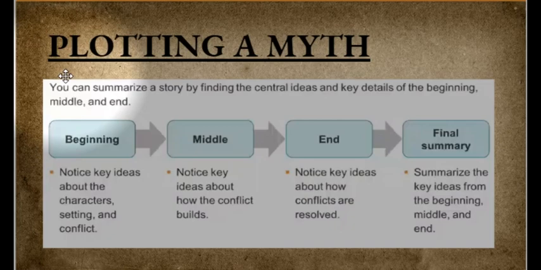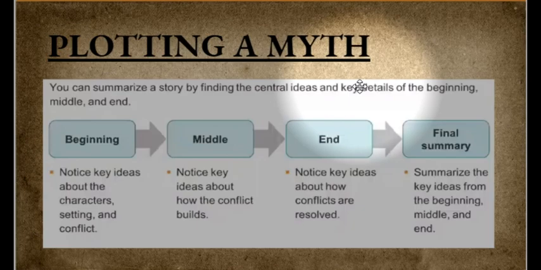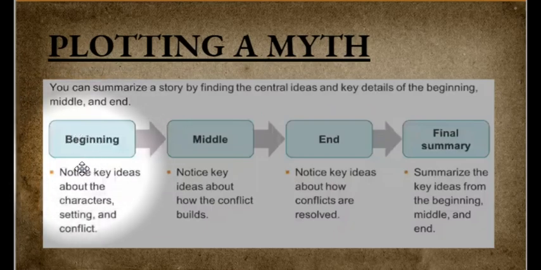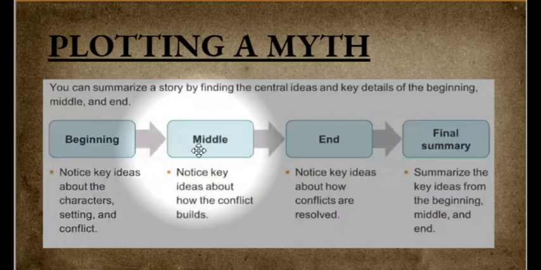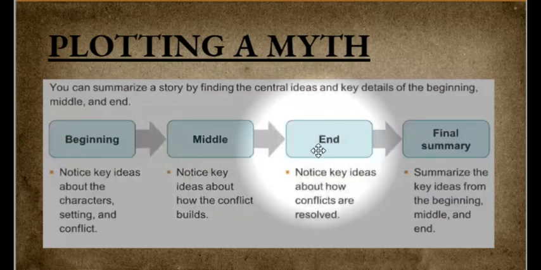So, plotting a myth. When you're summarizing a story, you need to find the central ideas and key details in the beginning, the middle, and the end. So as you're reading through the beginning of the story, notice your key ideas about the characters, the setting, and the conflict. In the middle, notice key ideas about how the conflict is building. And as you get to the end of the story, notice key ideas about how the conflicts are resolved.